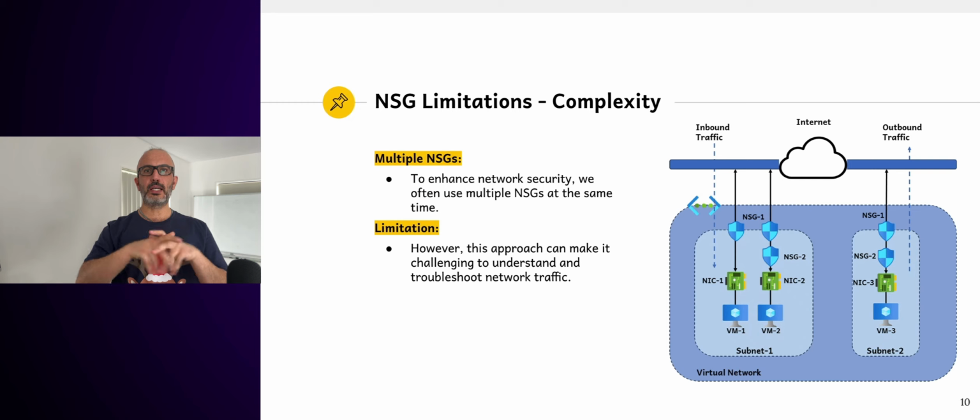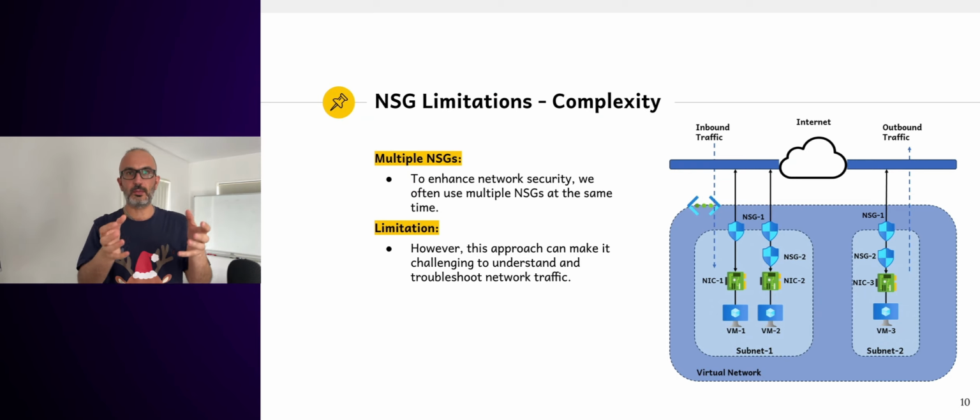So ideally, you should be able to have one network security group to actually control all type of traffic within your VNet and not have to worry about having a network security group for each specific resource or for each specific application type.